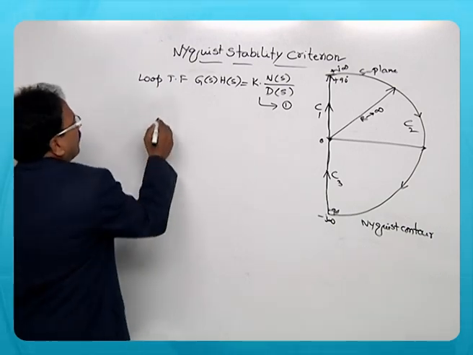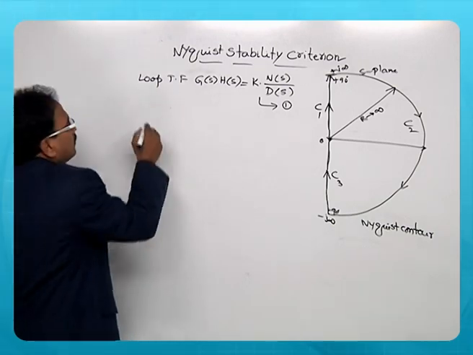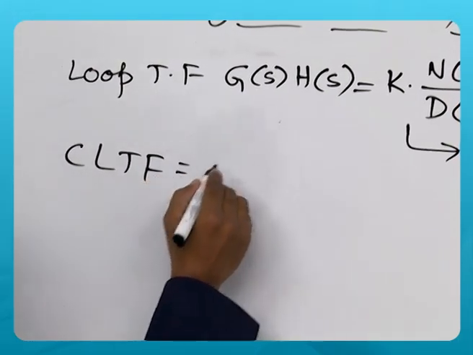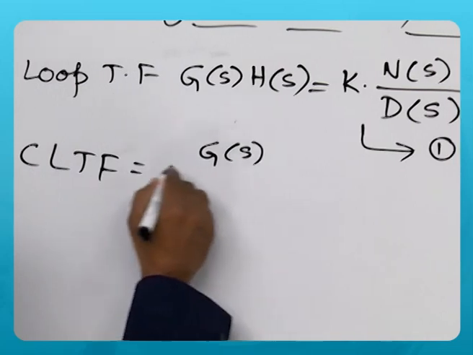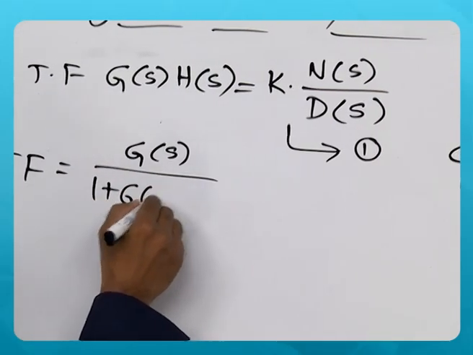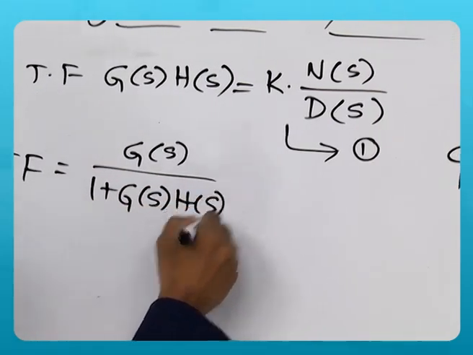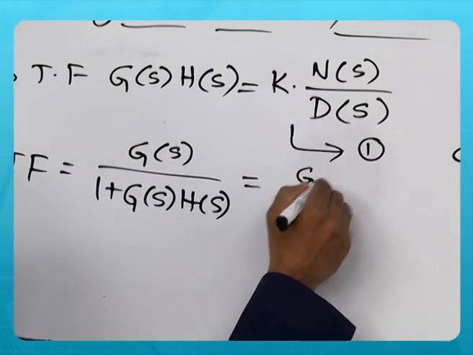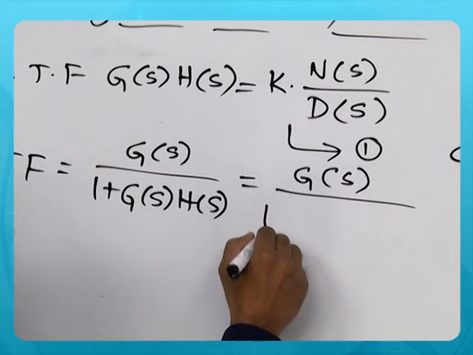Now, if this is the loop transfer function, the closed loop transfer function becomes G(s) by 1 plus G(s)H(s).